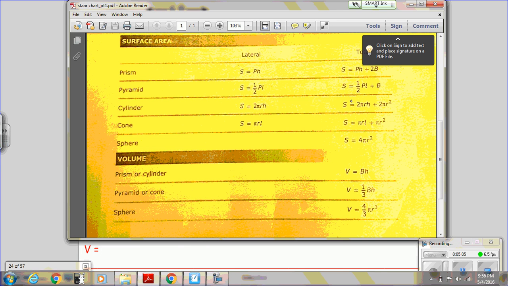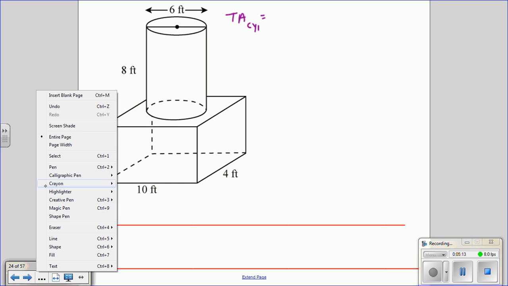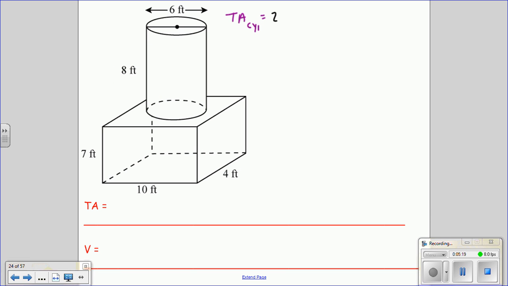For a cylinder, it's 2 pi RH plus 2 pi R squared.